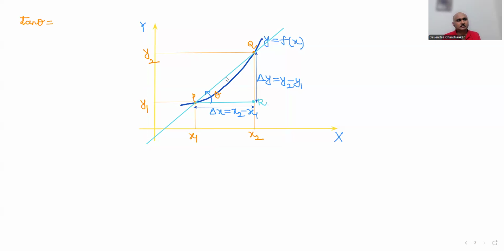It is the change in the value of y coordinate upon the change in the value of x coordinate, which is y2 minus y1 upon x2 minus x1. Clear है ये? Say yes or no. Understood or not?